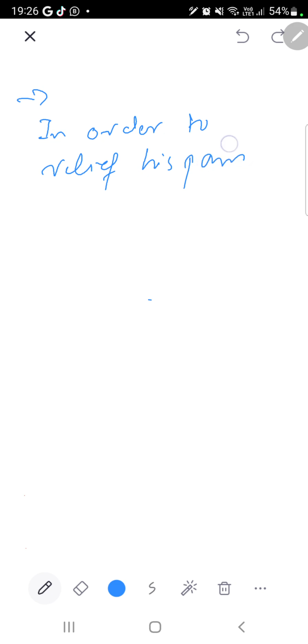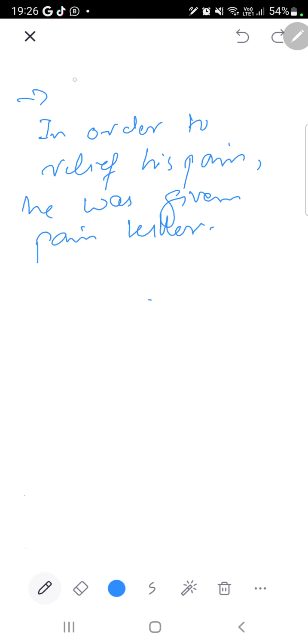So similarly, the purpose clause: in order to relieve his pain, he was given painkiller. And vice versa, for the purpose clause, we can write it down.